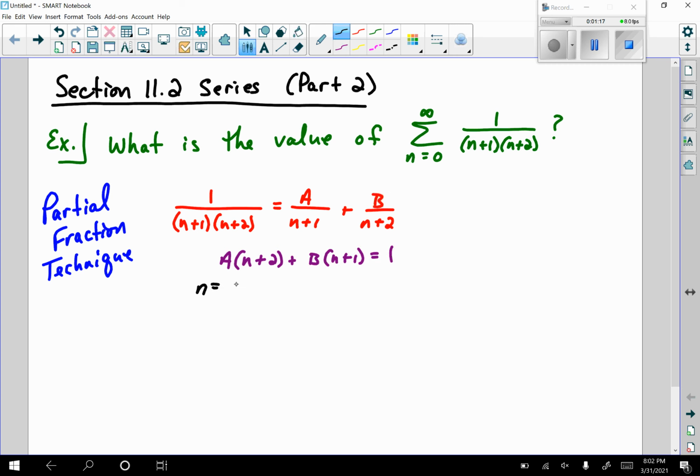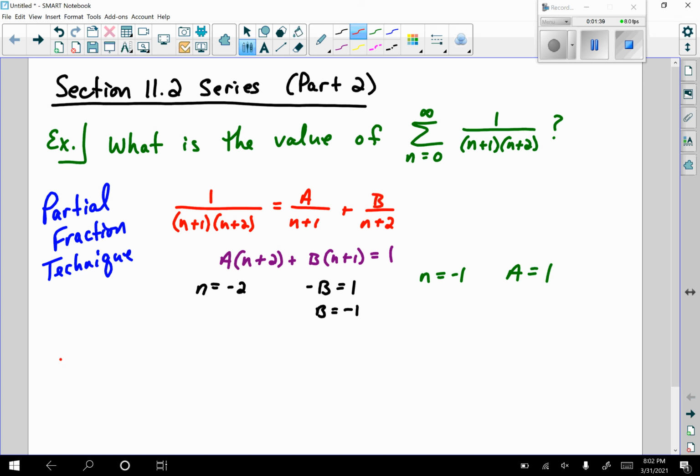Let's let n equal negative 2. That means a is going to go away, and then we're going to get a negative 2 plus 1, so we'll get a negative b is equal to 1, therefore b is equal to negative 1. Then let's let n equal negative 1, then the b is going to go away, and then we'll get a negative 1 plus 2, so that's going to give us a is equal to 1.